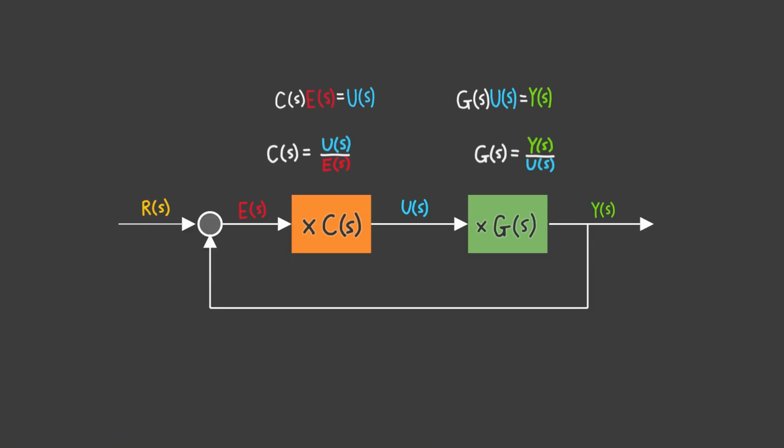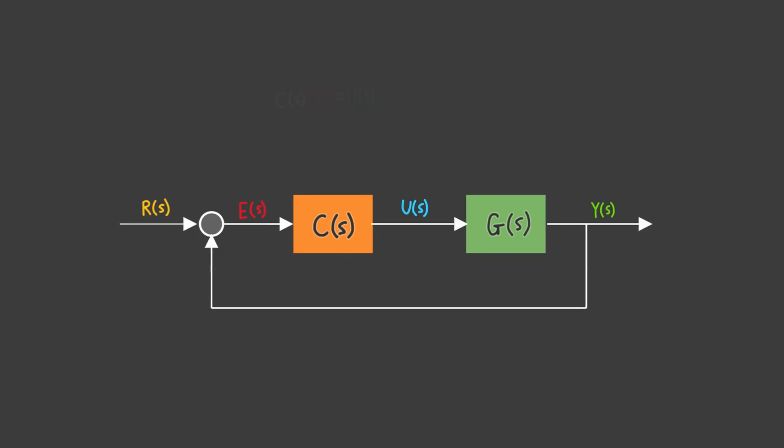From now on, I'll refer to blocks like these as transfer functions, because they transfer an input to an output via functions like C of s or G of s. A good way to remember it is output divided by input. Also, to make the diagram a bit more aesthetically simpler, I'm going to omit the multiplication sign from now on, since it's implied. Okay, so let's see if we can simplify this feedback loop.